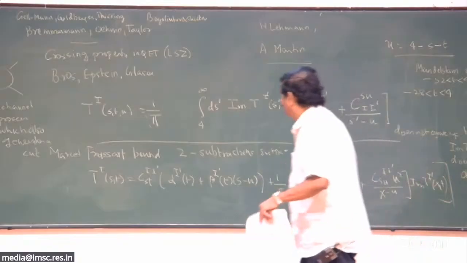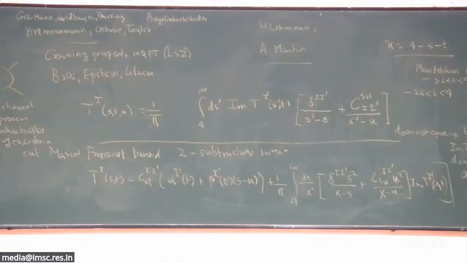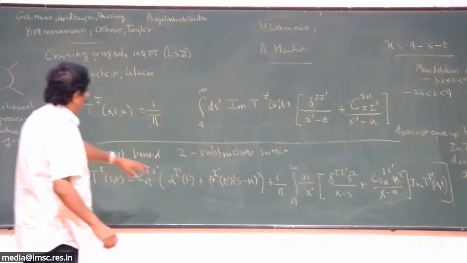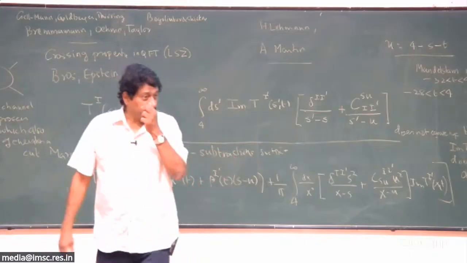So this is a form of the doubly subtracted dispersion relation that we should try and use. The only problem now is we don't know what these unknown t-dependent functions are. This is alpha over here and this beta over here. We don't know what these functions are.